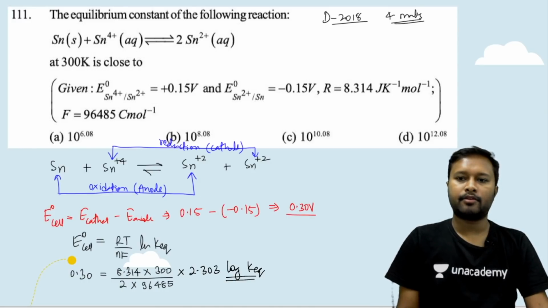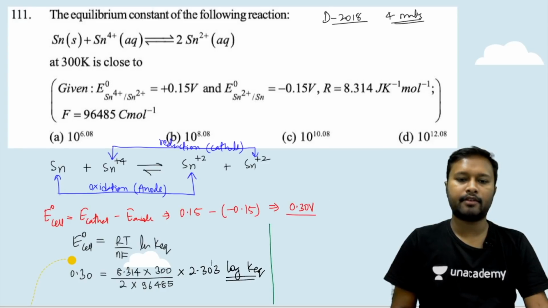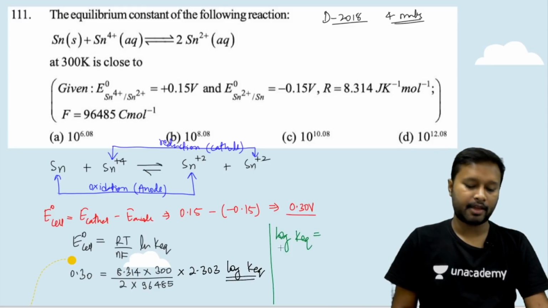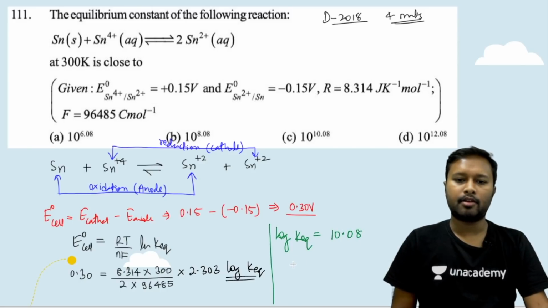The next thing we have to do, I'm just going to do it here itself. So log Keq is equal to, I have just solved everything. You just have to multiply, divide, and do the calculation. After the calculation, you are going to get 10.08, or you can say Keq is going to be equal to 10 to the power 10.08.